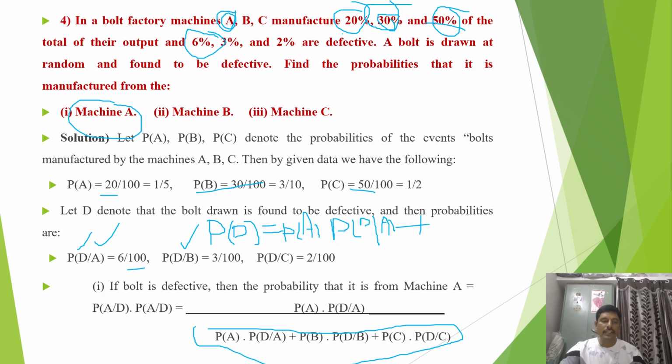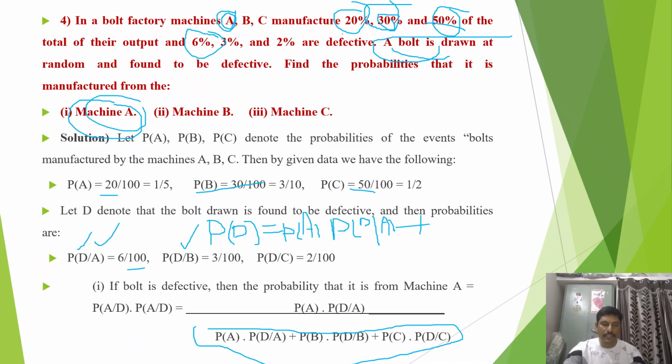Clear? Now we need to find, if we select a bolt randomly, the probability that it is manufactured by each factory. A bolt is drawn randomly. So what is the probability it is from factory A, given that it is defective?